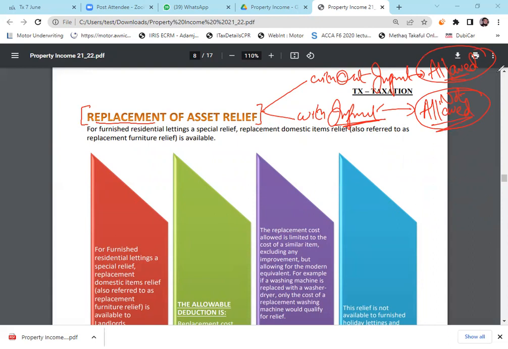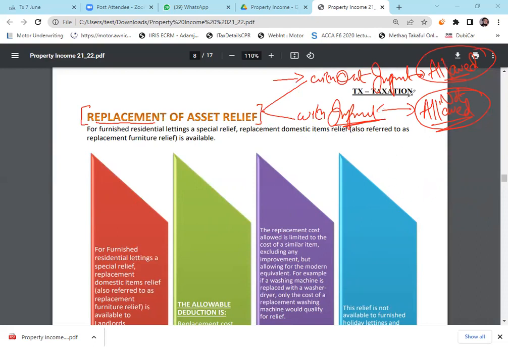Replacement of the same type of asset with the same model is an example of without improvement. But if you are replacing your existing asset with a higher quality or higher brand, or an improved version, it will be with improvement. And with improvement, we will write 0 because it's not allowed.